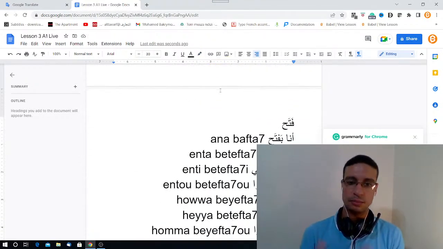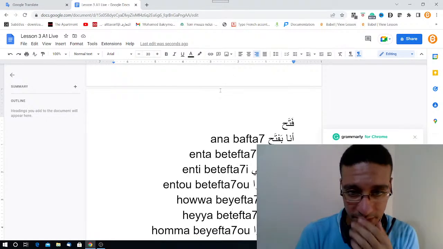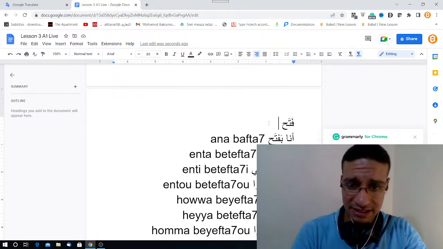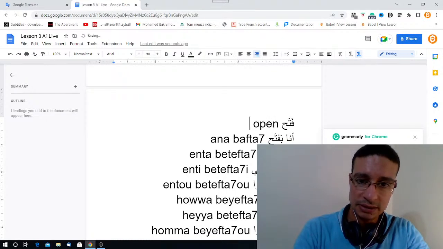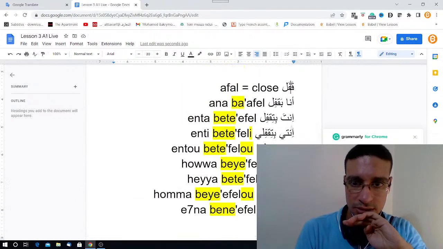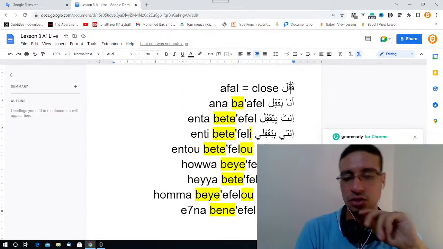One more verb before we start to make sentences together. One more verb is فتح. Why I'm using this verb? فتح is to open. This is pronounced like this. فتح. Here the difference between this letter and قاف is only one dot.